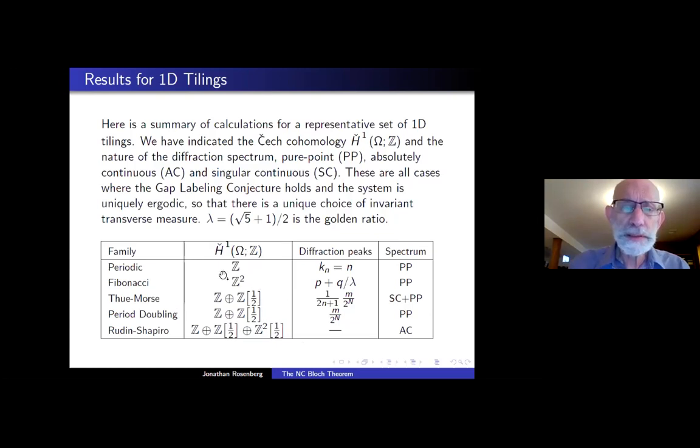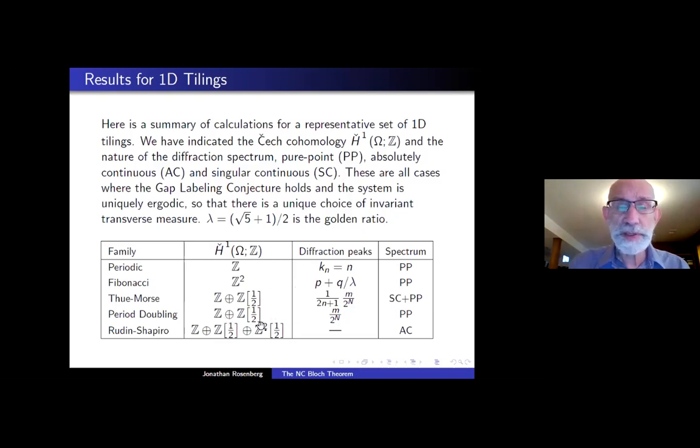In these first two examples, of course, for periodic tiling, the tiling space is just a circle. So of course, H1 is equal to Z. The Fibonacci tiling corresponds basically to an irrational rotation algebra. So that's a non-commutative torus.